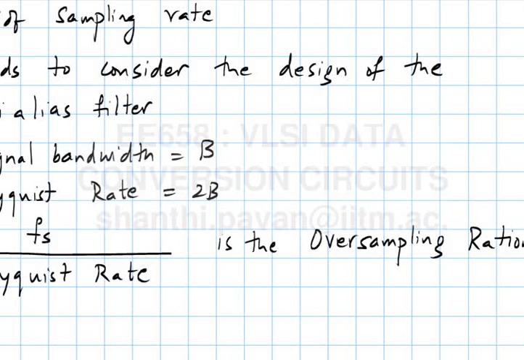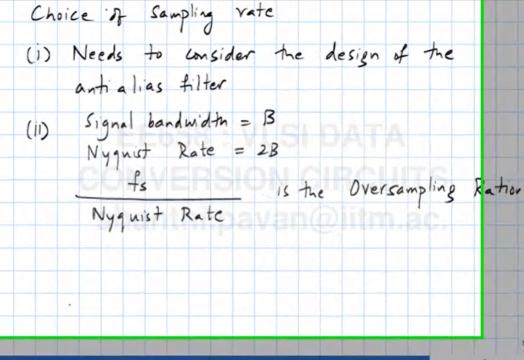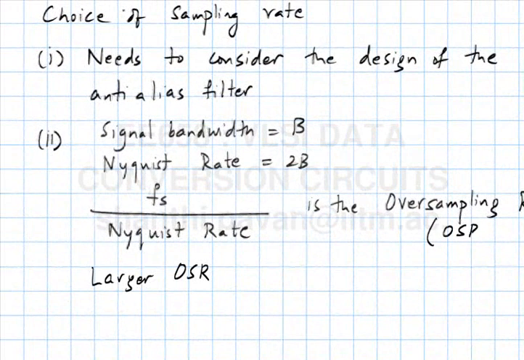However, you are actually doing it at a rate Fs which happens to be larger than the Nyquist rate, so you are oversampling the signal by some factor which is Fs by the Nyquist. So this OSR is something that you will see repeatedly in this course.